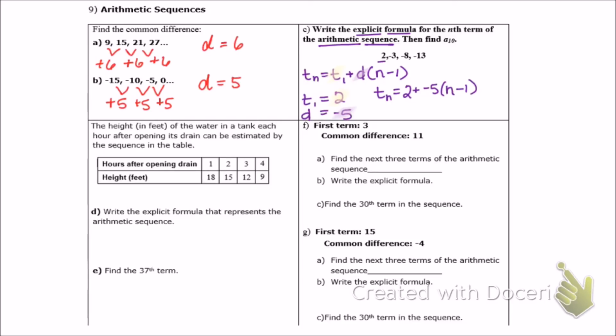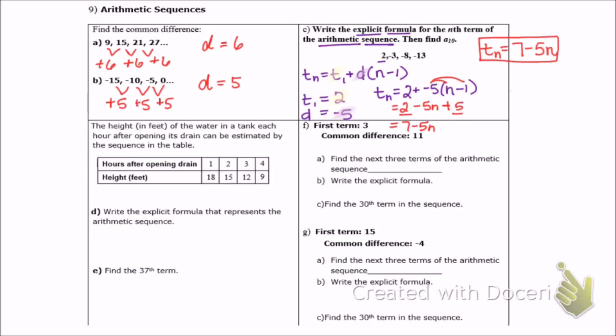With our parentheses, the first thing that we're going to want to do is distribute the -5 to give us 2 minus 5n plus 5, and then combining our like terms, 2 plus 5 is 7, so we get 7 minus 5n. So in conclusion, our explicit formula is t sub n equals 7 minus 5n.